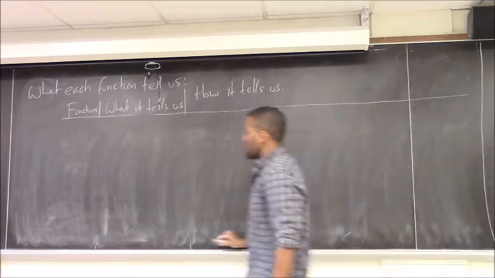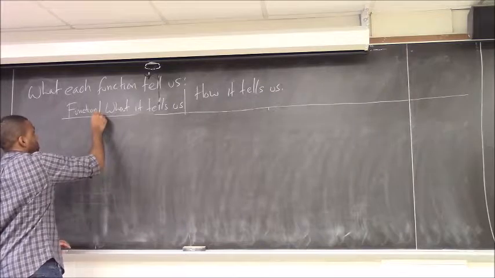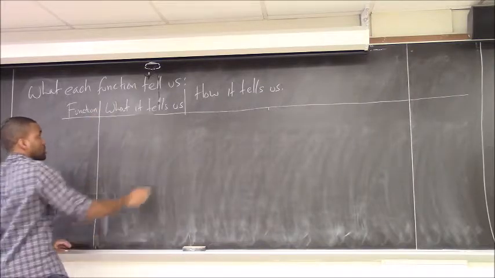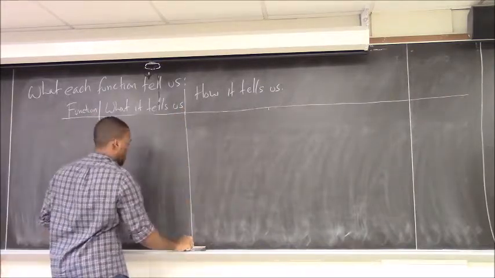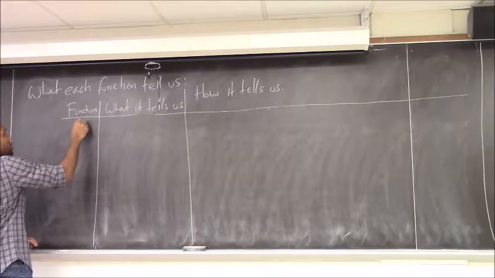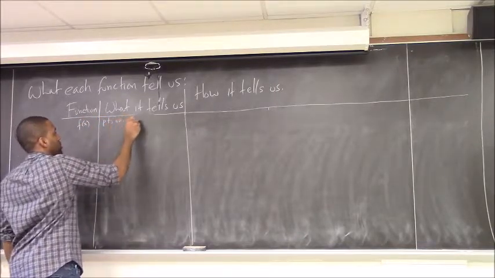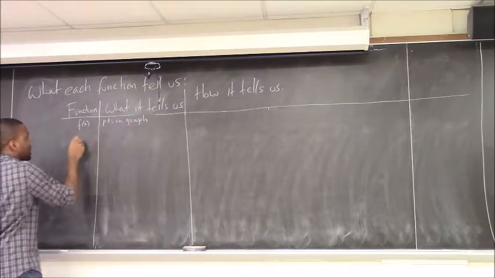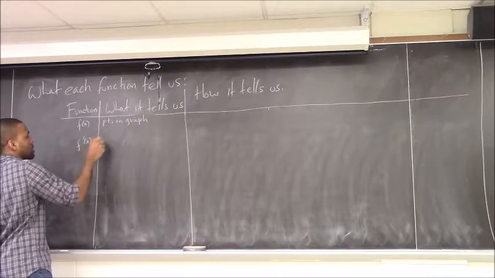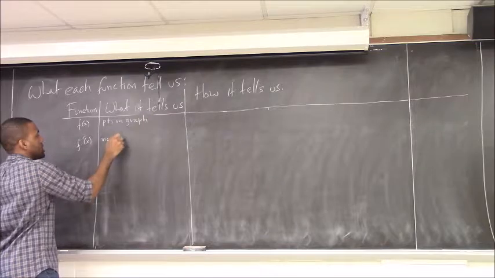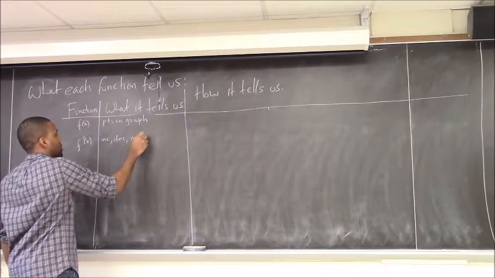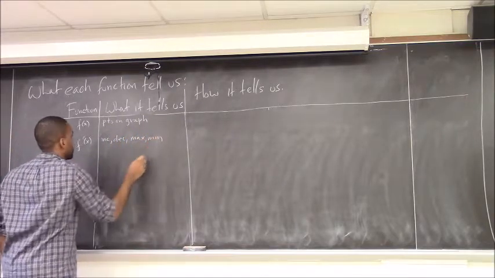We're going to move on to the second derivative and what it tells us. So f of x is points on the graph. F prime of x is increasing, decreasing, maximum or minimums.